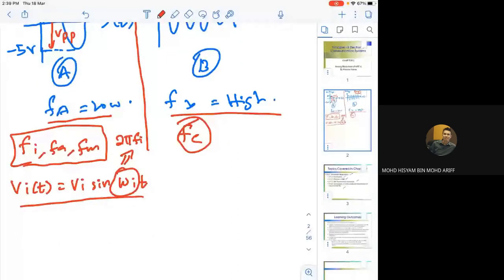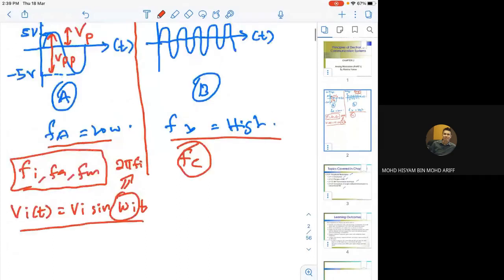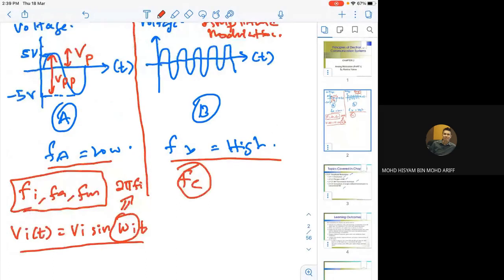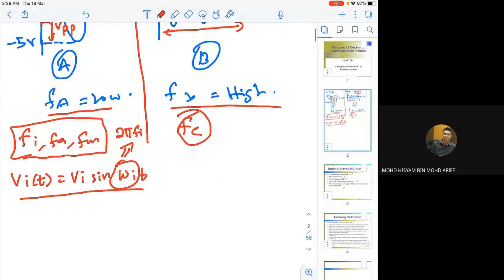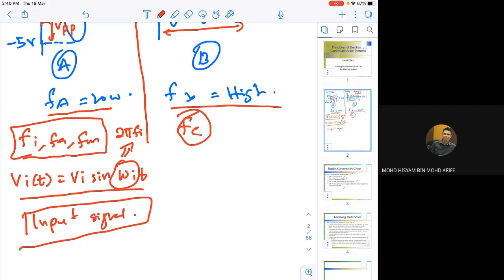How about the FC? Mathematical derivation. Now you see, this one looks narrow. Narrow means higher frequency. Something wider here becomes the input signal. And then how about here?